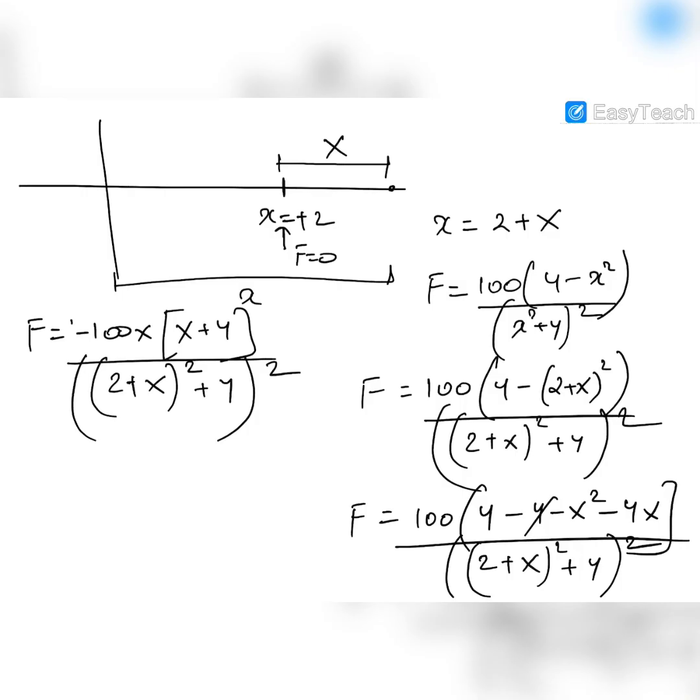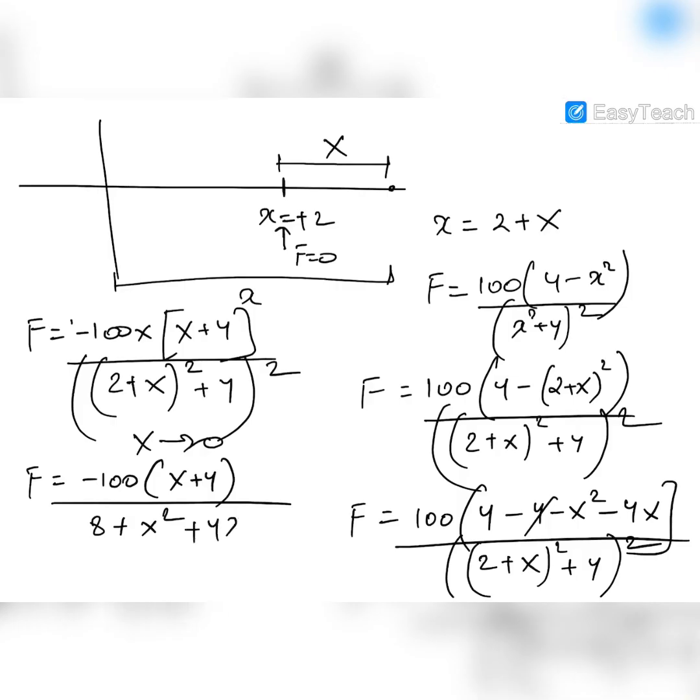Now what we can do is put the value of X. X is tending to 0, so we can say that F will be equal to minus 100 into X plus 4, divided by 8 plus X square plus 4X, whole square.